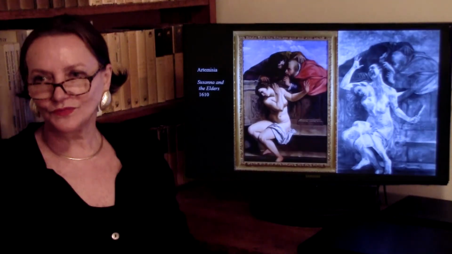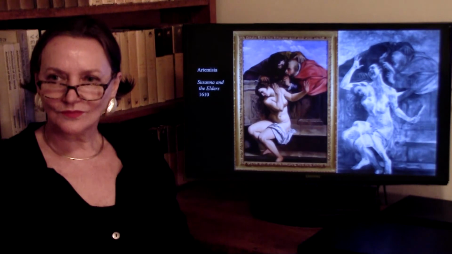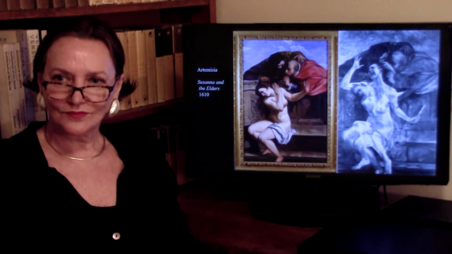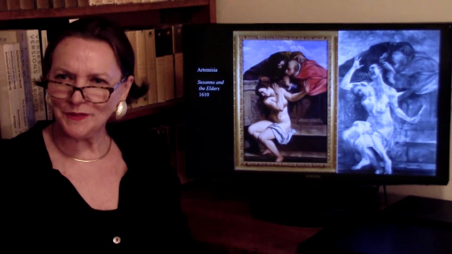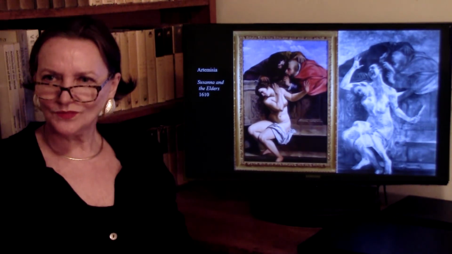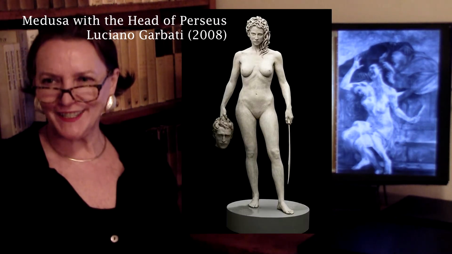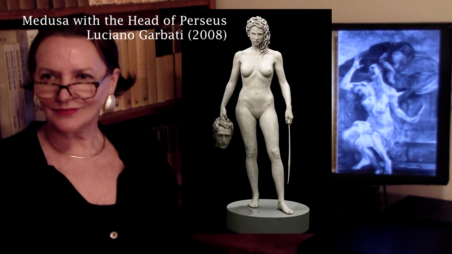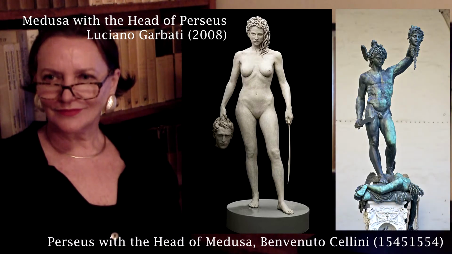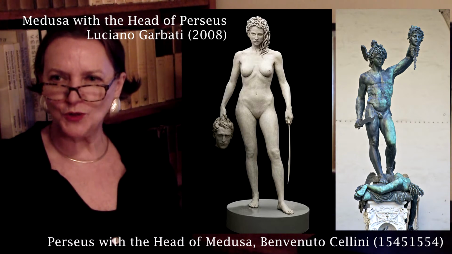Right. Someone as recently as 2008, his name was Luciano Garbati. No, I never heard of him. He's really interesting. He did a sculpture. He's a contemporary Italian sculptor. Okay. And he did, to parallel that sculpture you showed of Perseus with the head of Medusa, Cellini, yeah?